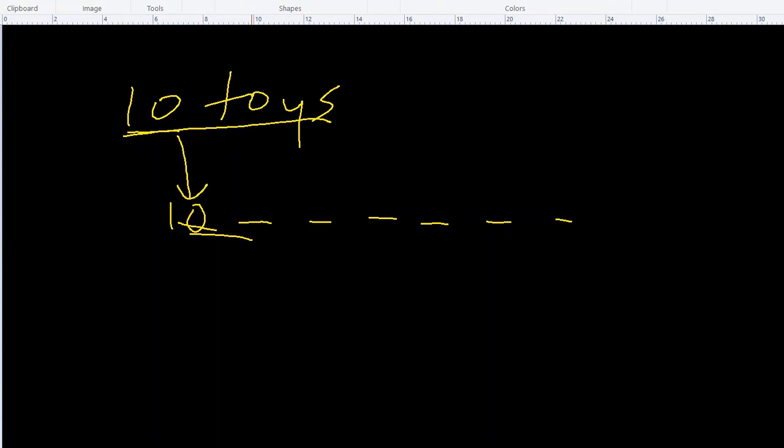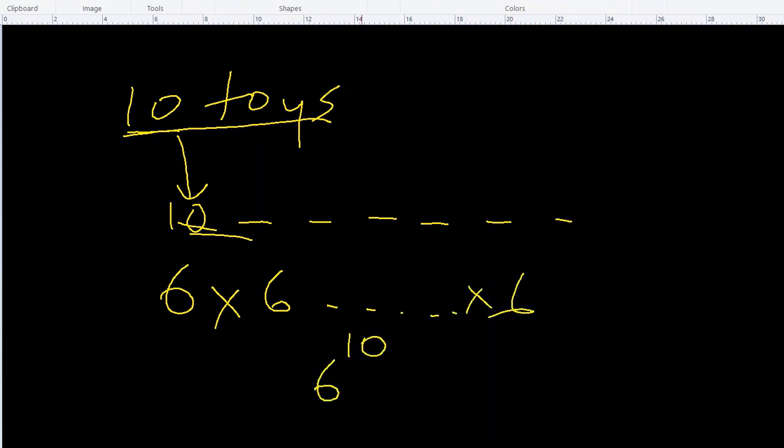So toys are moving, children are stationary. We have to give these toys to children. So for the first toy, the options are the 6 children. It can be given to any of the 6 children. Second toy, 6, and so on, which makes it 6 to the power 10. This is how we carry out the distribution, not arrangement, not selection.